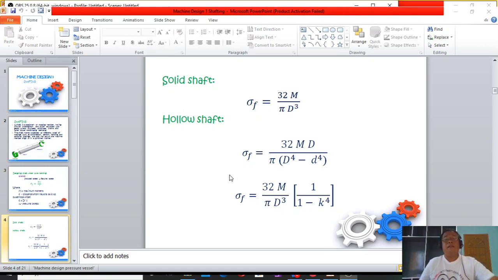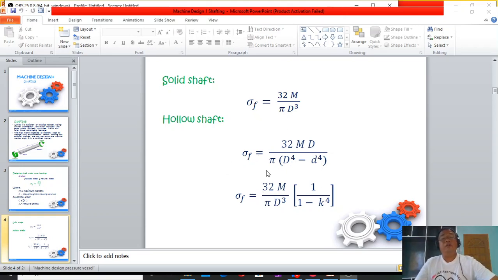So, knowing that k is equal to small letter d over big letter D, or rather, small diameter divided by the big diameter, that's why here, small d to the fourth divided by big letter D to the fourth will become k to the fourth. Okay? So, take note class that you can only apply this factor if the shaft is hollow.